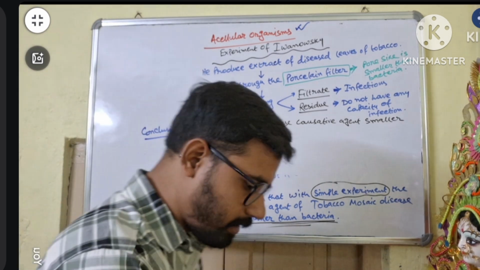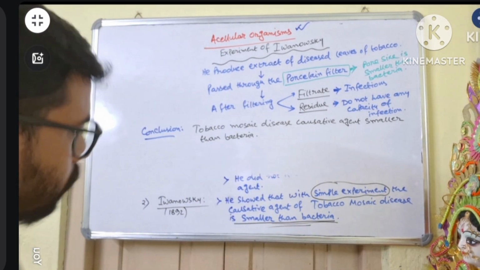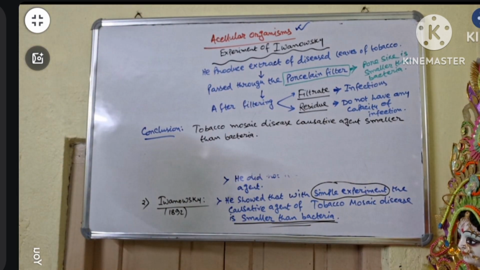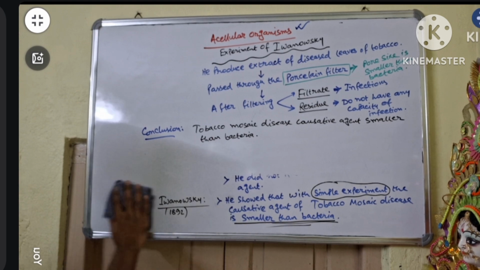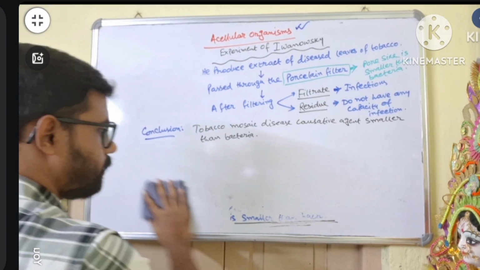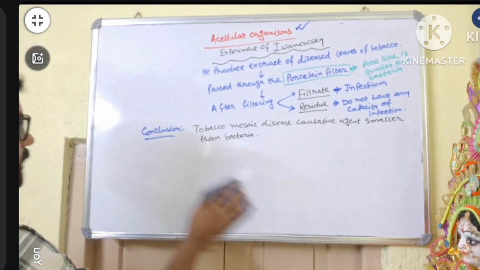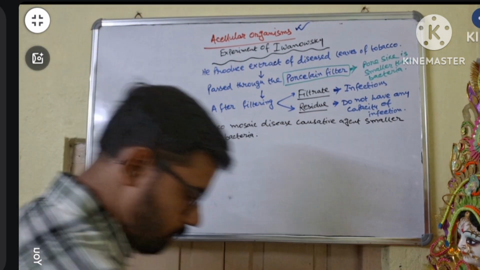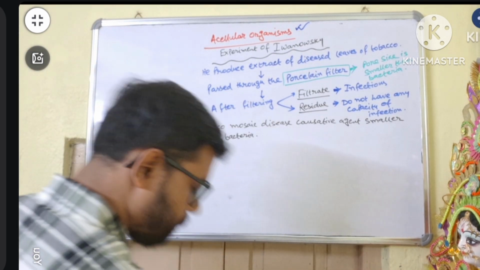This experiment was further considered and proved by Behring, the next scientist, scientist number 3. He also did the same experiment and the result was the same.